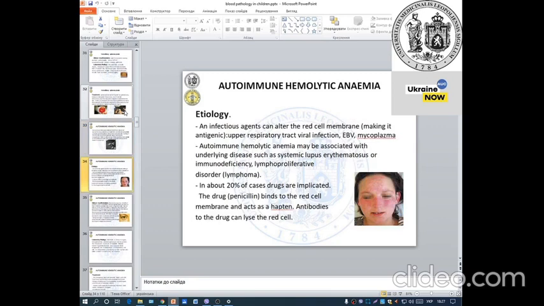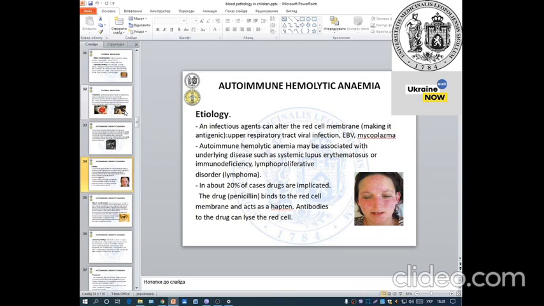The predominant etiologic factor of autoimmune hemolytic anemia is infection, for example, upper respiratory tract viral infections, Epstein-Barr virus, mycoplasma. An infectious agent can alter the red cell membrane, making it antigenic.